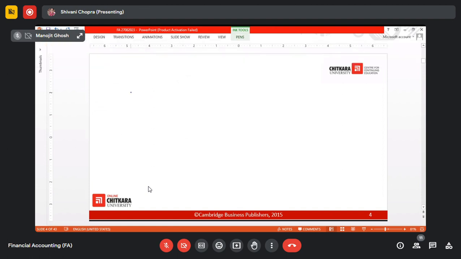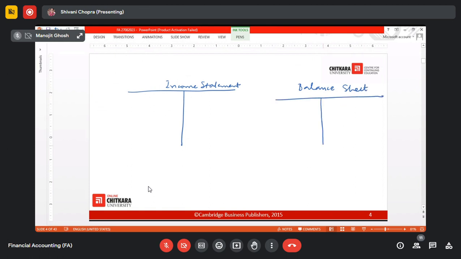We have two things we all know about: one is the income statement, another one is the balance sheet. On the balance sheet, we have assets and liabilities, right? On the income statement, we have income, and here we note down all the expenses.